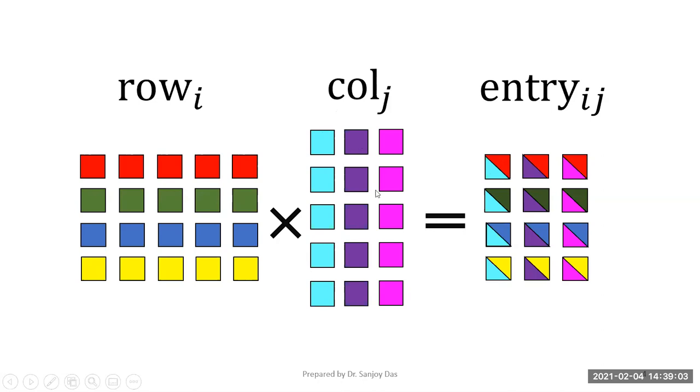Red and purple, row 1, column 2, give you entry 1, 2. Row 1, column 3, magenta, gives you this. Likewise, row 2, which is green, with row 2, column 1 gives you this, and row 2, column 2 gives you this entry here, and you can match the colors. I've color-coded them for clarity, and so that's how it goes. Remember this for the next few slides. Actually, remember this always.